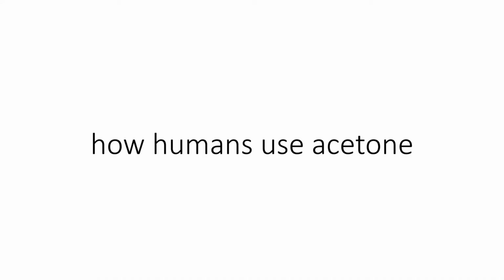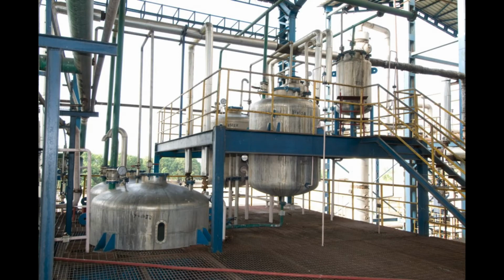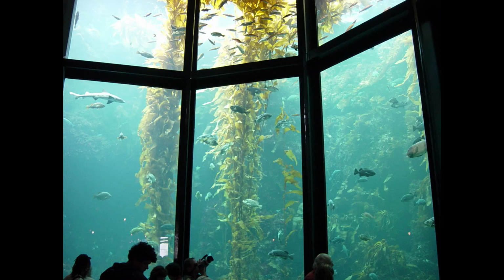Humans use acetone in a number of ways. The biggest one is industrial usage as a solvent. Acetone is produced in the millions of tons each year for use as a solvent. One of the reactions it's used for as a solvent is making plastics.